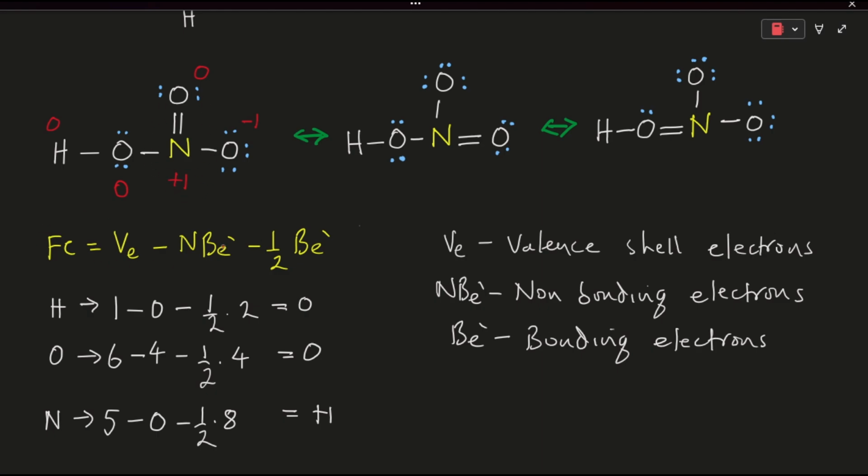Now, if we are to apply this same formula on this Lewis structure, we're going to get the formal charges on each atom as indicated. And here too, the algebraic sum of the formal charges within this Lewis structure is also 0.